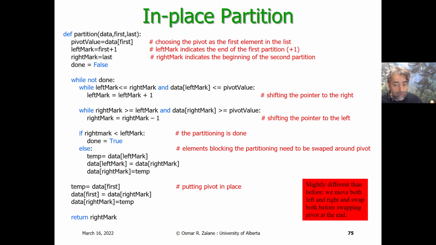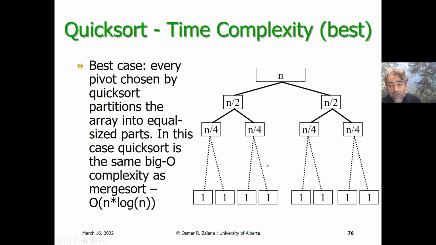When am I lucky? Well, when the pivot I take, by chance the first element, happens to be the one that perfectly separates the container into two partitions of the same size. Then I'm dividing by 2. And next time I go into one partition, I select the pivot, and it happens to be the one that is perfectly in the middle and separates it into 2. So if I'm very lucky, this is what will happen.